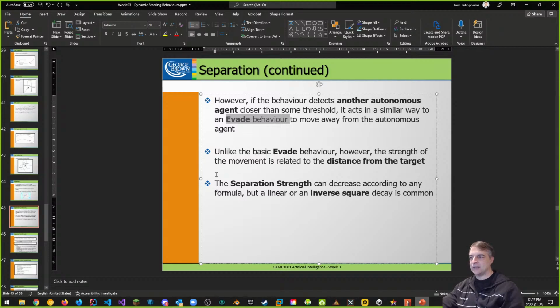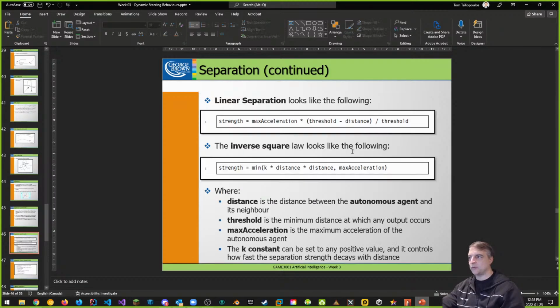And I have this thing called the separation strength, and I can use something called the inverse square law, which is a decay mechanism, and which is very common. Depending on the distance from the other target, I can decrease my speed or increase my speed accordingly so that I can avoid the other target. So it could be very complex movement that we were planning out.